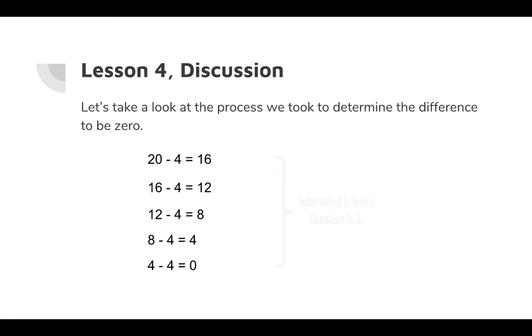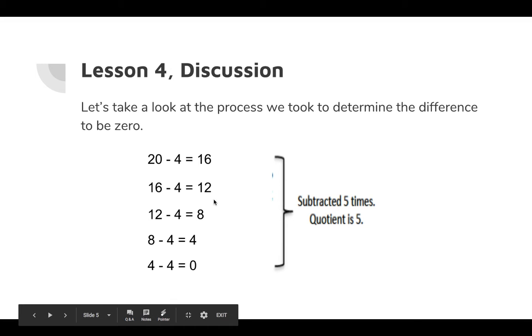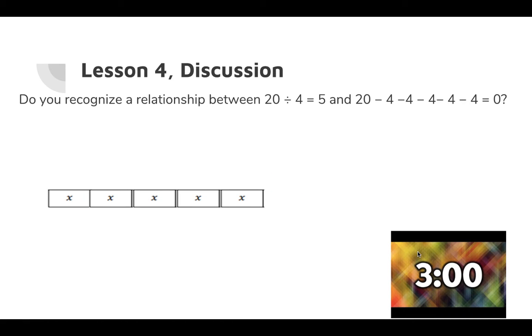And 4 minus 4 equals 0. So that means we subtracted 5 times. So the quotient is 5. Remember, quotient is the answer to a division problem. Because we subtracted 5 times, our quotient is 5.